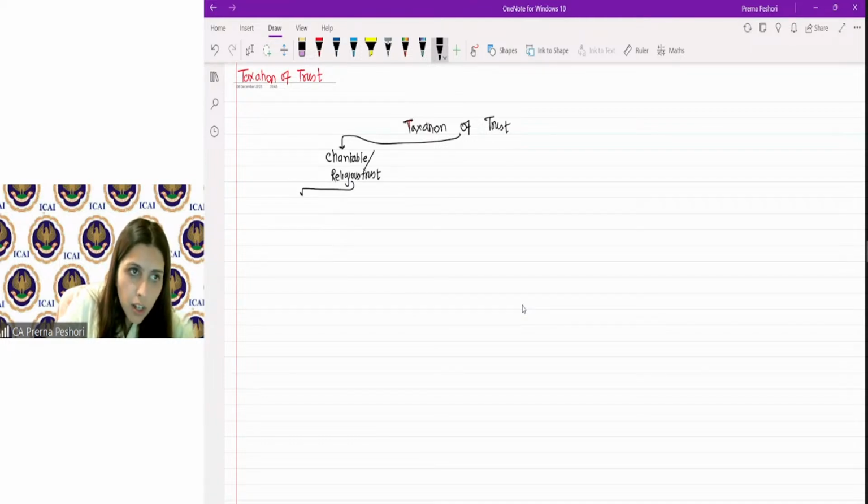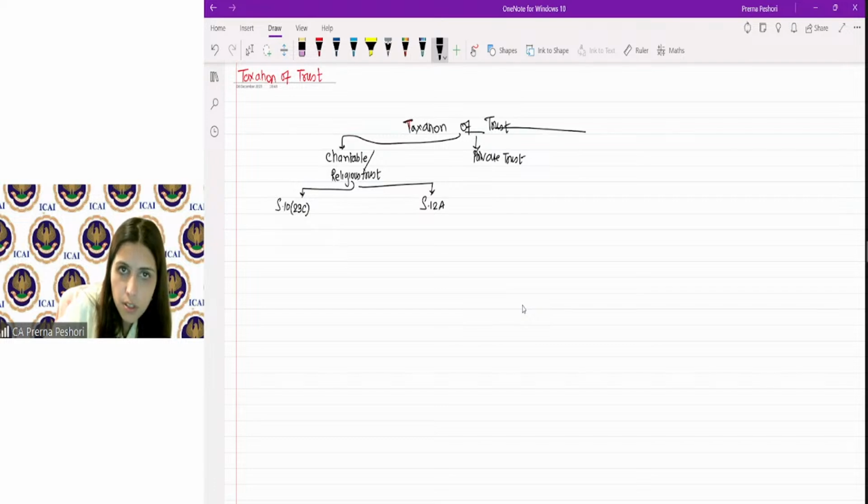That also we have under the two regimes. One is section 10(23C) and another one is section 12A. Right? Then we have the private trust.